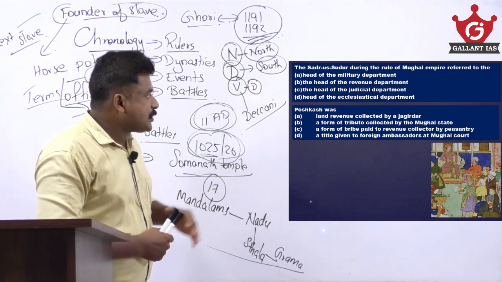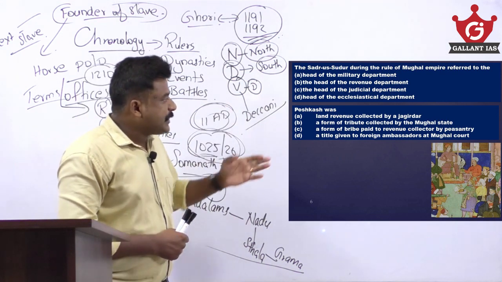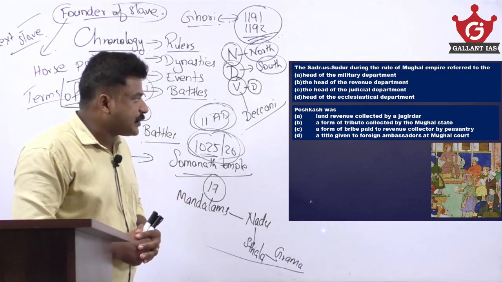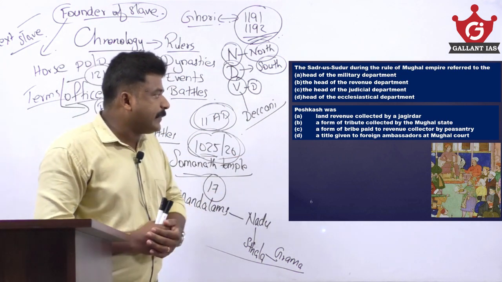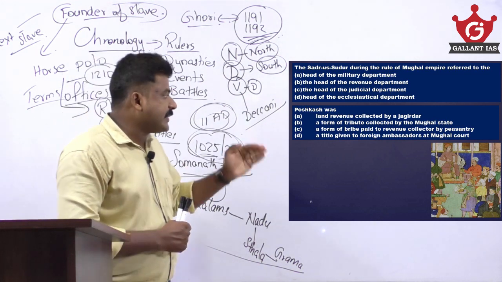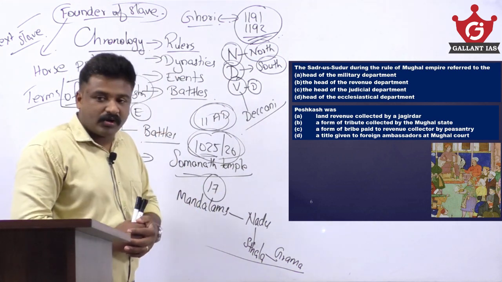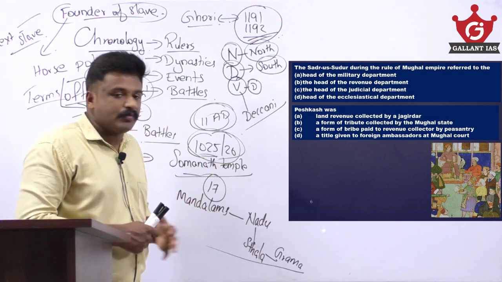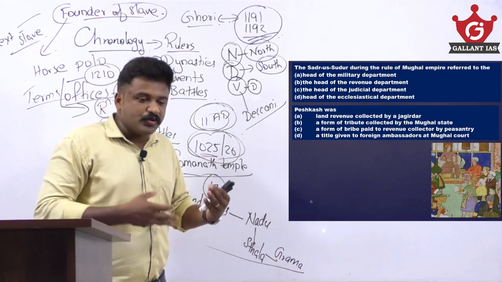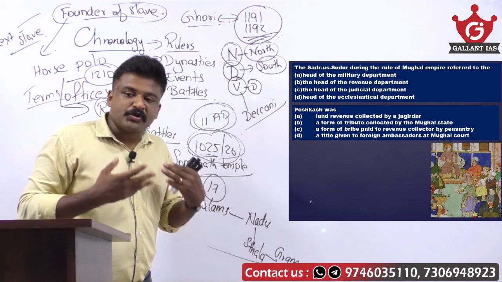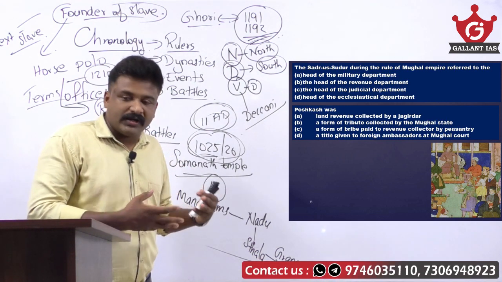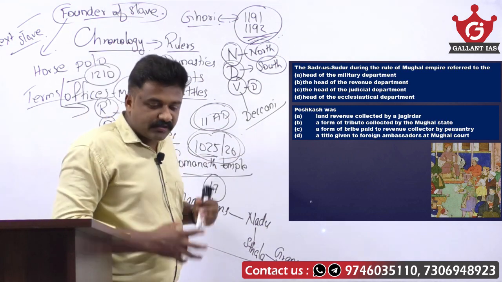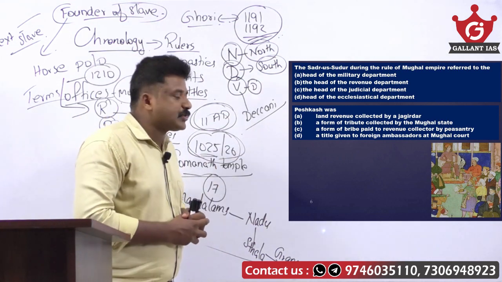Peshkash was a form of tribute collected by the Mughal state, annual tributes given by rich merchants, feudal lords, or local chieftains to the Mughal ruler. That is known as Peshkash.